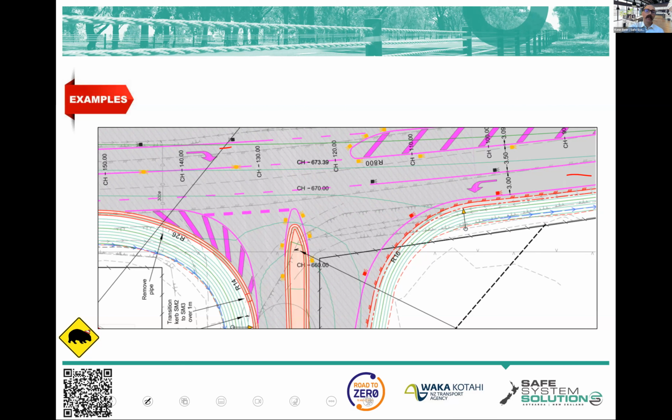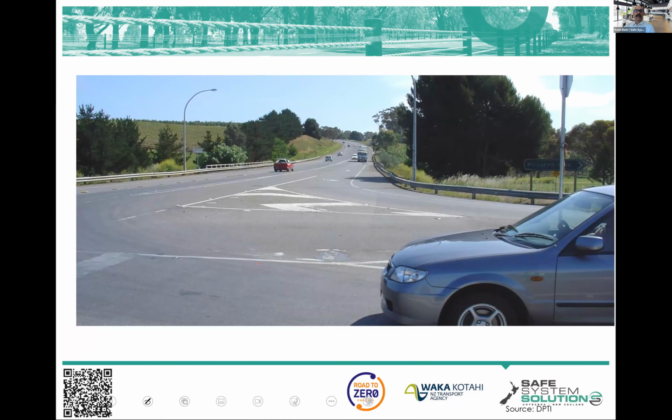And one specific I'm going to talk about is when a vehicle's turning left at this location, and we've got a vehicle waiting here to get out. And let me just show you in another intersection how this looks. So you can see you've got a vehicle coming up to the hold line here.